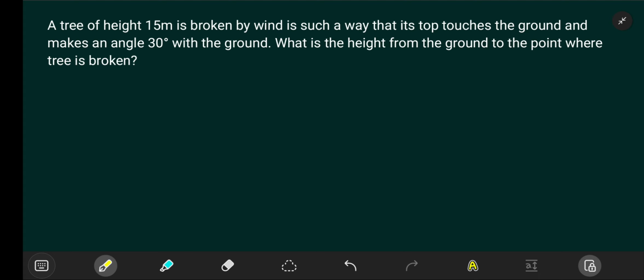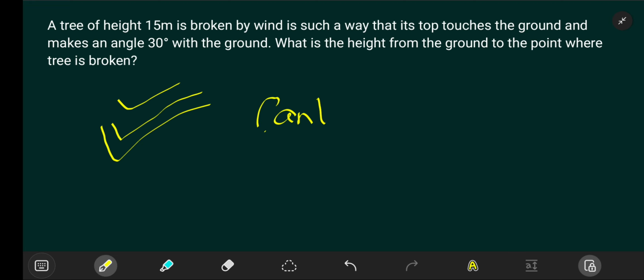In this chapter, we can easily do the solution of every question. We can easily solve the question, but the problem is some students can't understand the question.